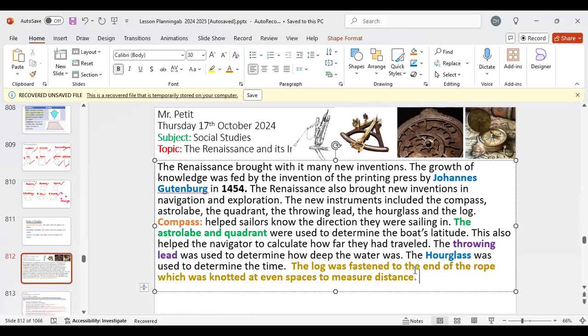So basically, the amount of knots in the rope determined how far.